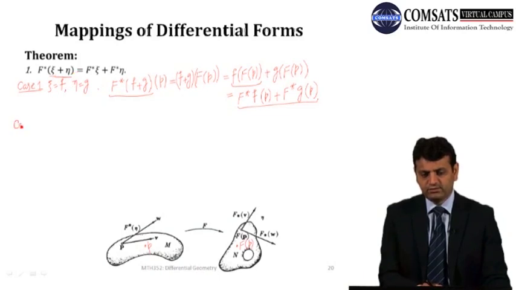Now let's consider case 2. So in case 2 we take both f and g to be one forms. So xi and eta are one forms.